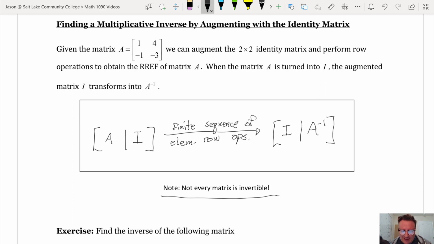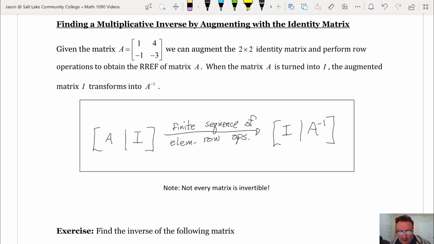So what does this method do? Well, the reason we augment with the identity matrix is that it's kind of like a bookkeeping mechanism: the identity matrix we augment with just keeps track of the sequence of elementary row operations that we do to A. I'm not going to go into details on that in this course; maybe in a more advanced course you would look at that.